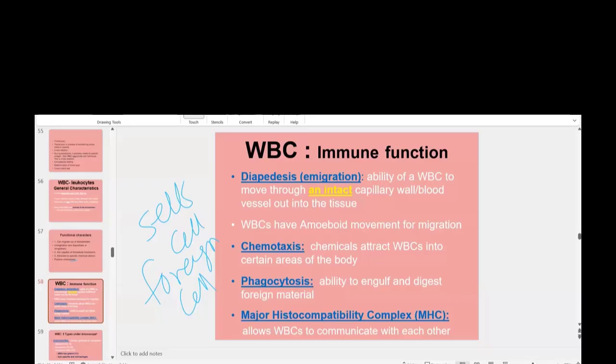This MHC is going to bear that and present it, whether it's a self cell or a foreign cell. Based on that, if it is a foreigner, an outsider, it's going to trigger an immune response to attack the foreign cell. So that's the role of MHC.